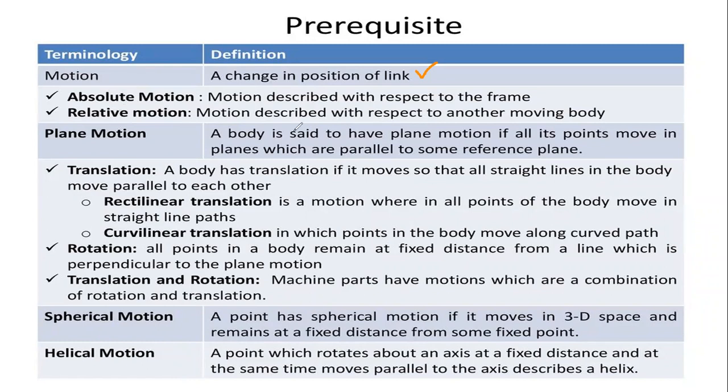In the absolute motion, the motion is described with respect to the frame of the body or mechanism. So absolute motion refers to the motion described with respect to the frame. But coming to the relative motion, the motion is described with respect to another moving body.